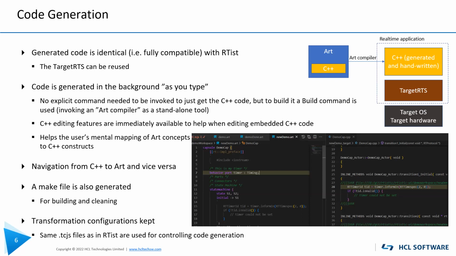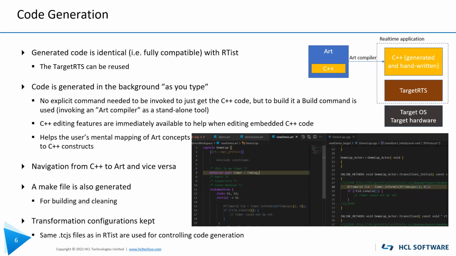Like I said, code generation in rtist is more like a step where you invoke a command and you run a transformation and you get the code as some kind of byproduct from the model. But here instead we have the philosophy that the code is just another view of the model, just like diagrams are a view. So as soon as you change something in the art file, diagrams are updated.